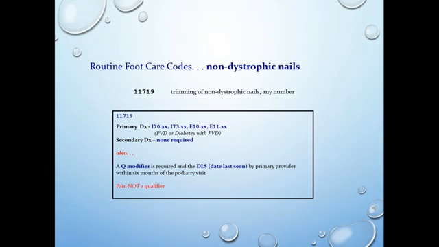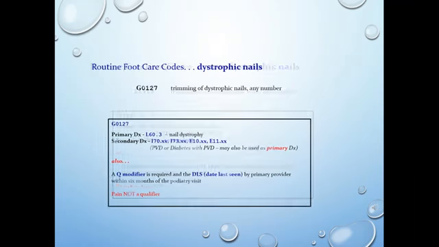But usually PAD, PVD, diabetes, things like that will be your primary and sole diagnosis on these claims. But that Q modifier and that date last seen showing that it's an at-risk foot care code is always going to be necessary for these claims themselves.